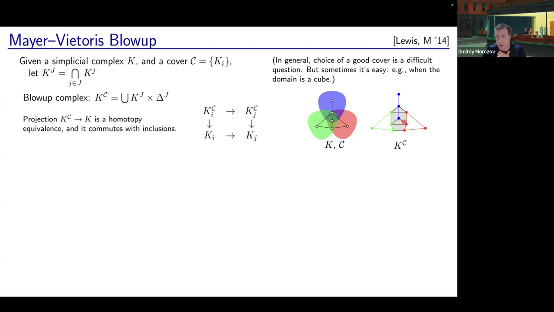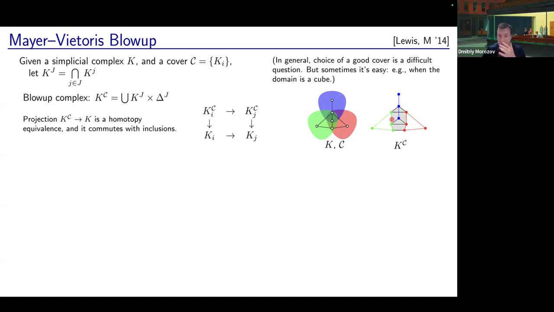This triangle corresponds to this vertex being in the triple-wise intersection, and somehow glues the different sets in the disjoint union together. The fact that they have this edge translates into this pyramid, so it's this triangle connected to this triangle.